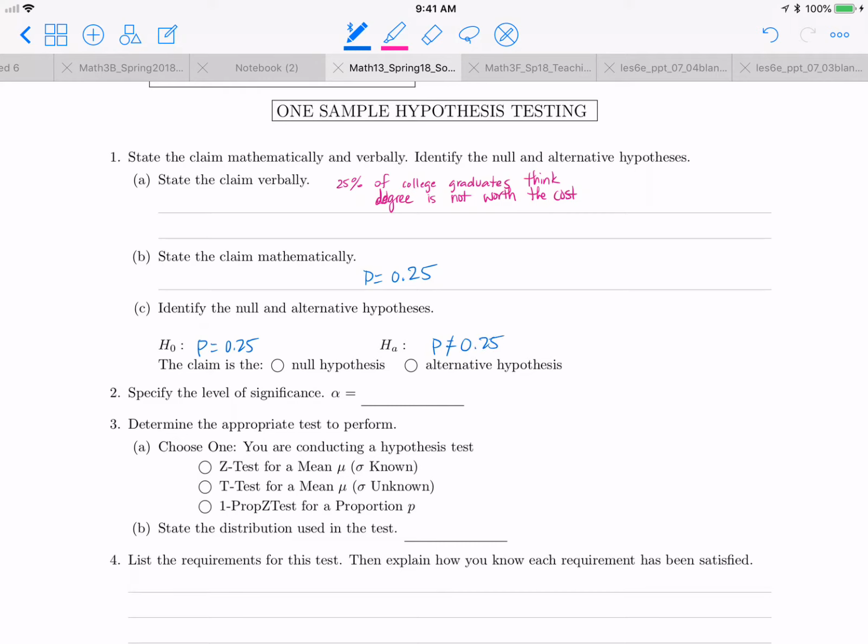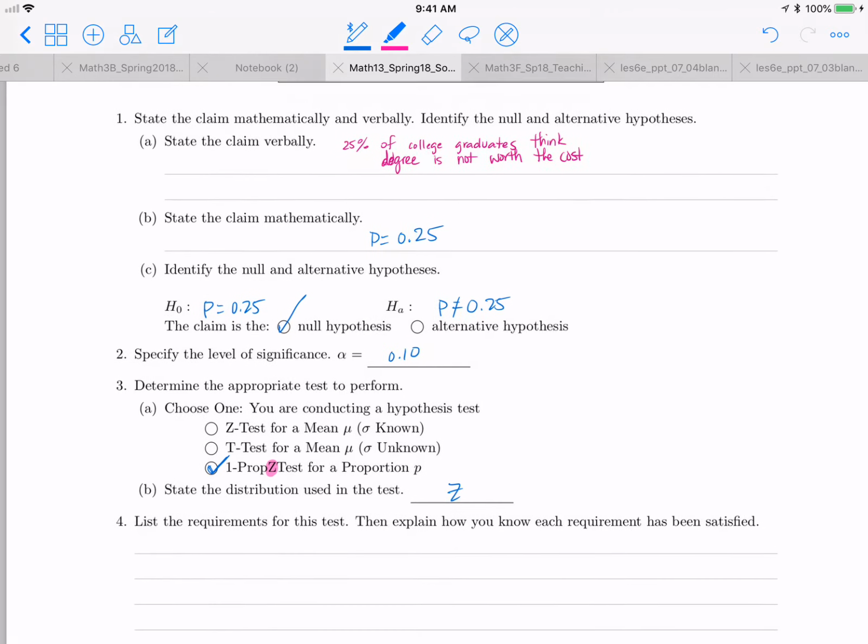The claim is my null hypothesis. The significance level was 10%. Which test did I use? I used a one-prop z-test. What is the distribution? It is the z distribution. And a hint is that the distribution is in the name.